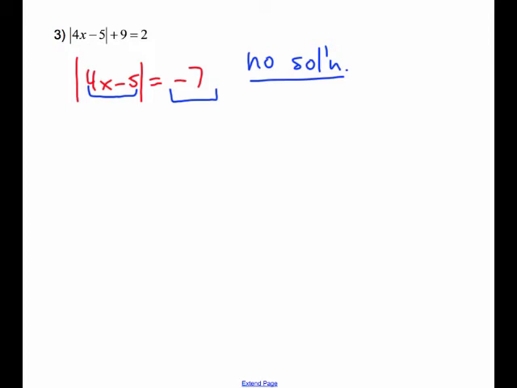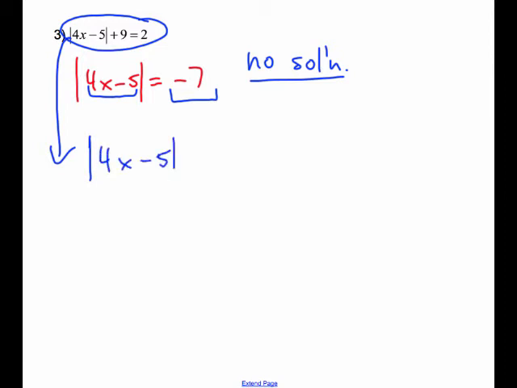Okay? If you don't believe it, let's solve it graphically. Now, what I'm going to do to solve this one graphically is something a little different this time. I'm going to set the whole expression to 0. So I'm going to minus the 2 over to the left, so that's plus 7 equals 0. And then I'm going to graph y equals this.